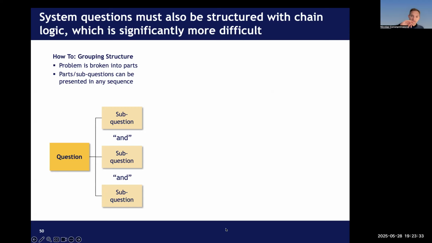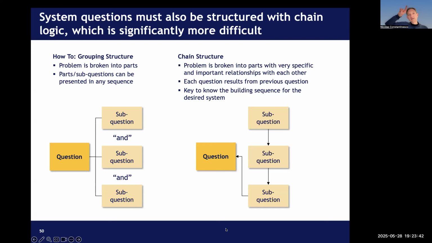But with this business model, or more generally these system questions, you often need to use a chain logic. How you solve element 2 depends on how you solve element 1. And that makes things a lot more difficult. And there's a lot less room for mistake.